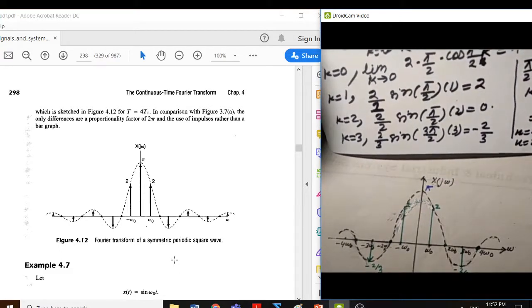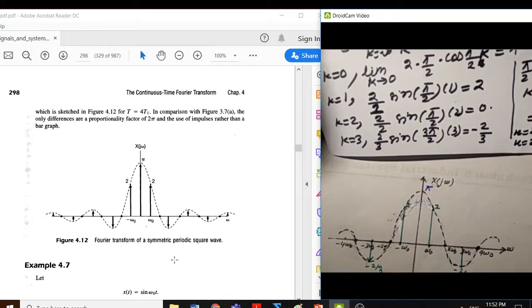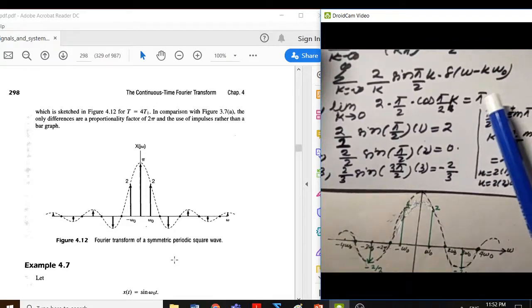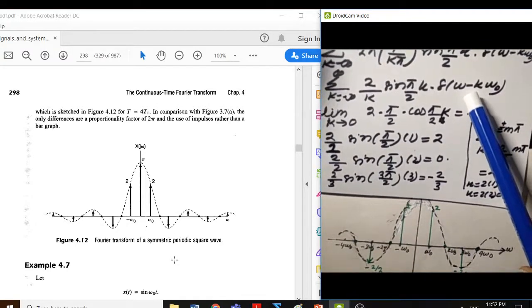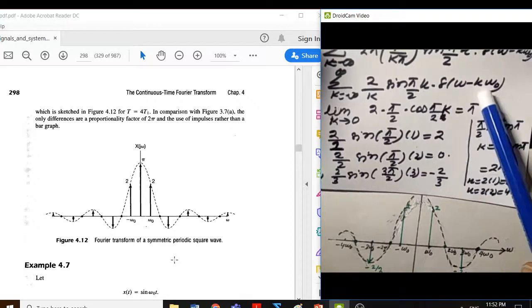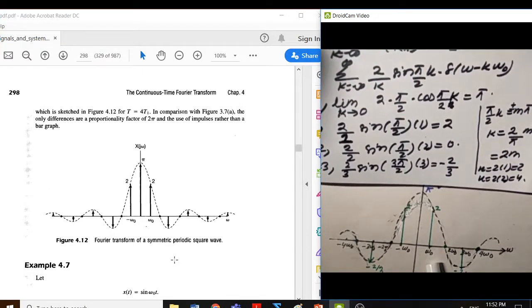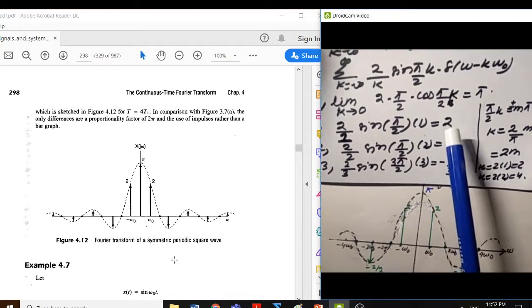For the value of k equal to 1, if you observe here, the frequency is 1 omega naught, so this impulse exists at omega naught. So at frequency omega naught, the magnitude is 2.